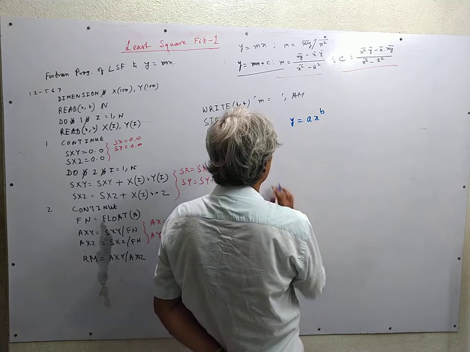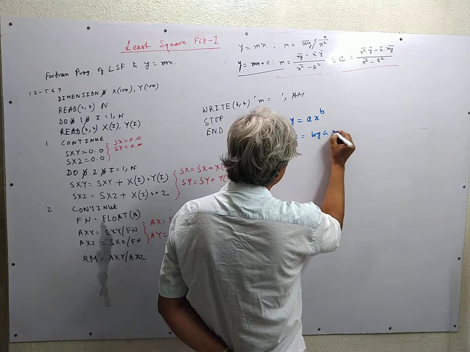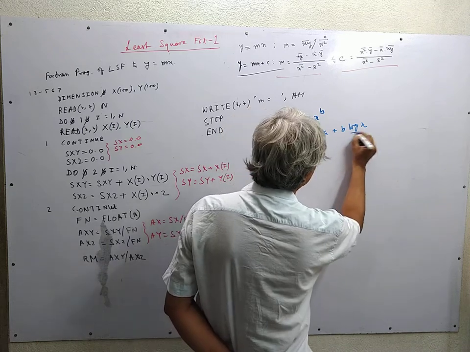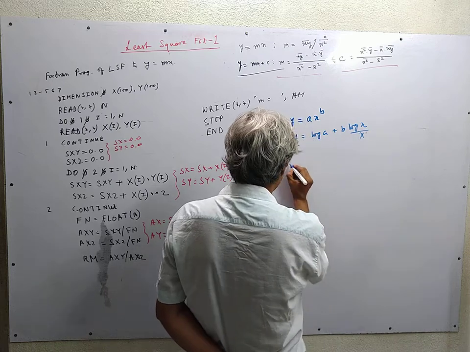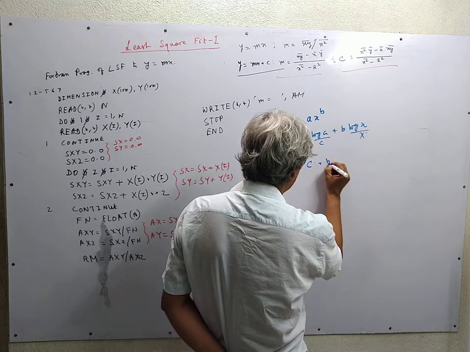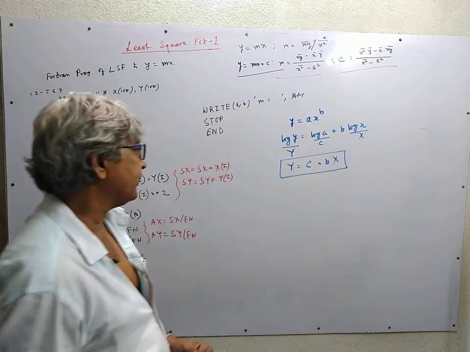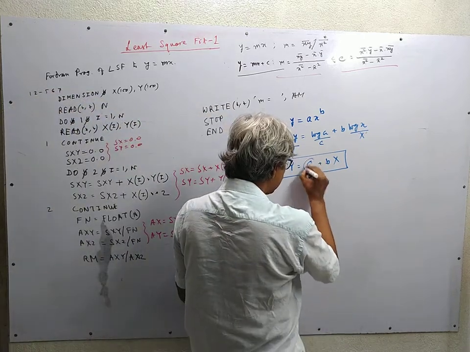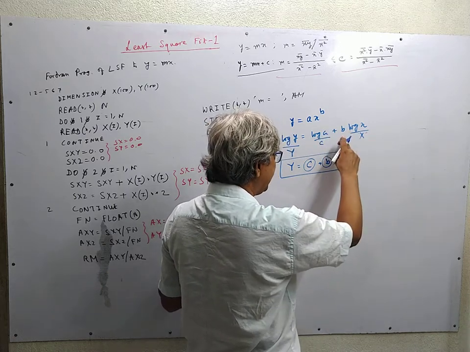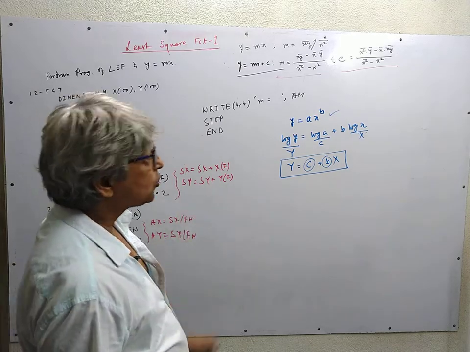Obviously this is not linear data, but if we do this, log of y is equal to log of a plus b log of x, then we can define this to be new data, new XY values, so that we write capital Y is equal to, say this is C, and this is B capital X. Then we can apply the method of linear least square fit to this equation to get C and B. Once you know capital C, meaning log a, is known, and you know B, then the optimized parameters corresponding to this equation may also be known.